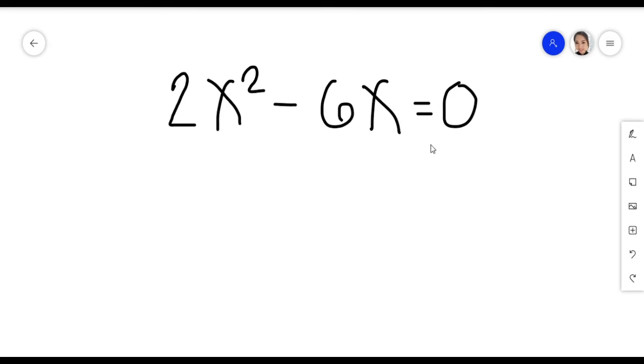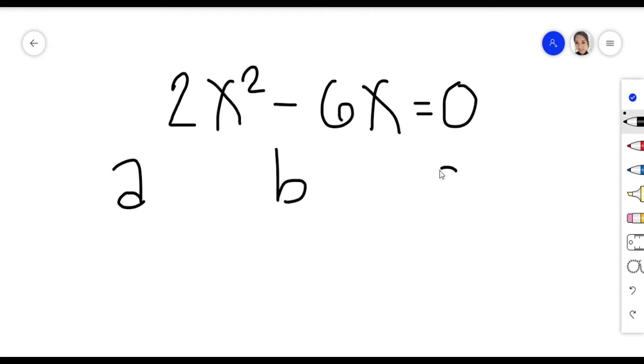So first, let's determine our a, b, and c. So our a is positive 2, our b is negative 6. Since our c is not given, our c is 0.